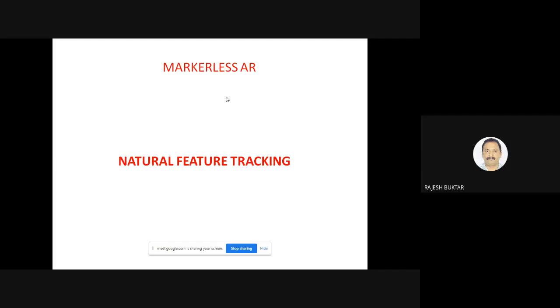The technique used is natural feature tracking, because in the real world there are so many features. The idea of feature tracking emerged with the markers. Whatever features were available in the markers were tracked and recognized. Then people thought that in the real world there are many features available. You can see there is a table, already there in everybody's cabin, at home, maybe in the office, everywhere.